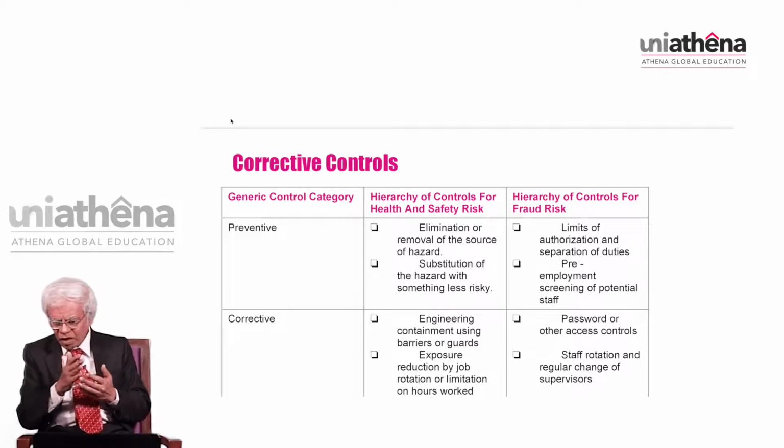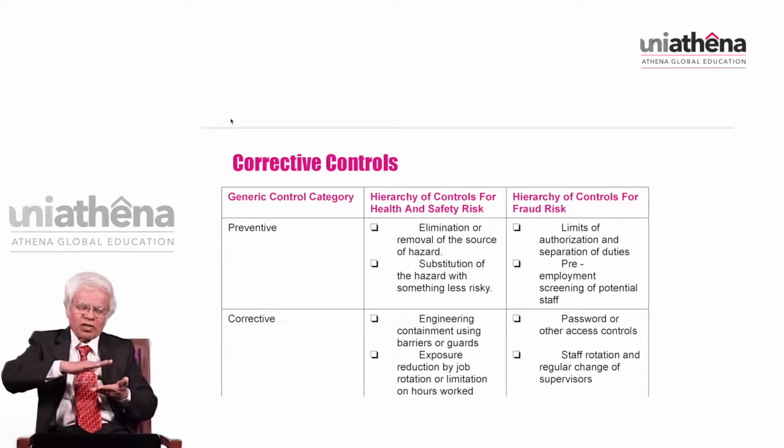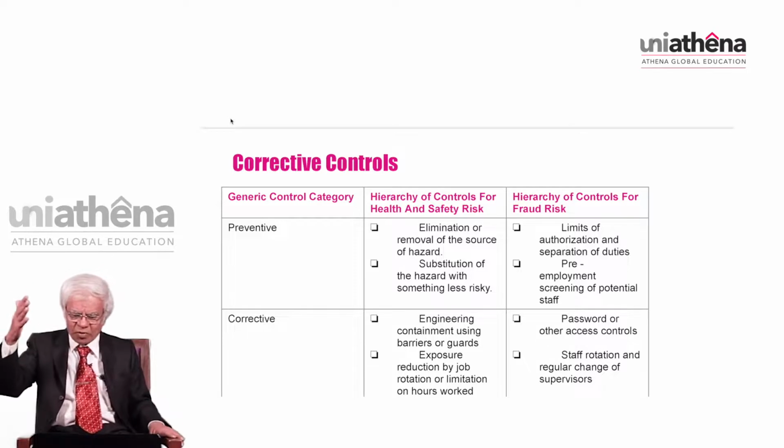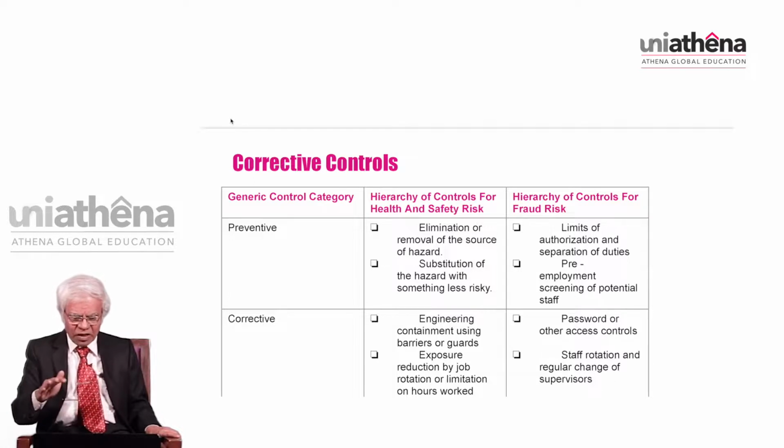Then hierarchy, that means the authority: frontline officer, mid-level officer, senior officer, top officer. You can give limits at each level, so that even if something goes wrong, the amount involved will be less. Then corrective means reduction by job rotation, as I told you, or limitation of hours of work, and particularly when it comes to financial transactions, giving passwords and stop rotation, regular change of supervisors also. There were instances where even the mid-level managers were involved in some of the financial frauds.